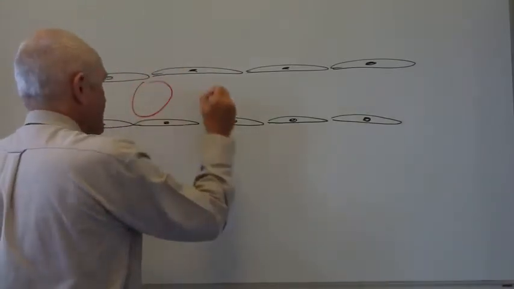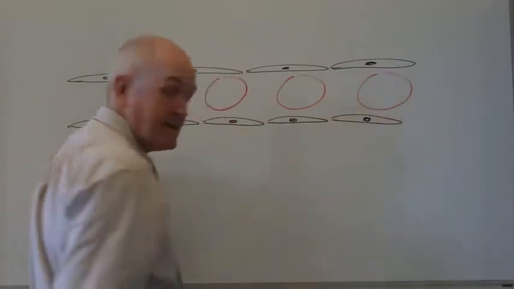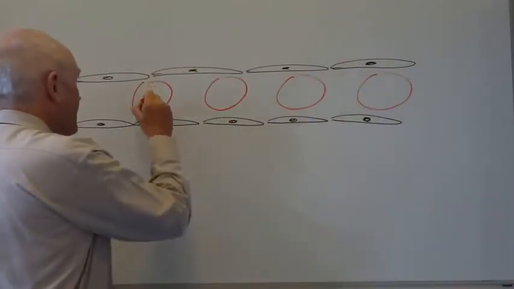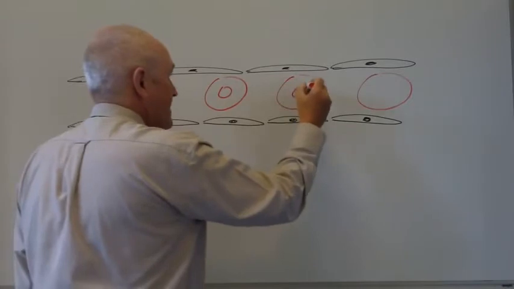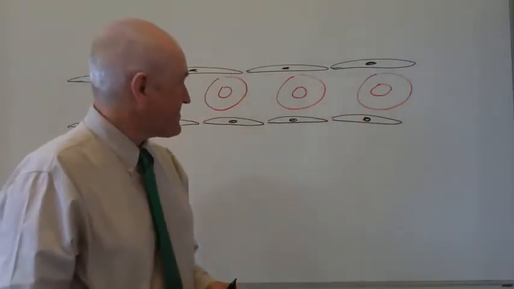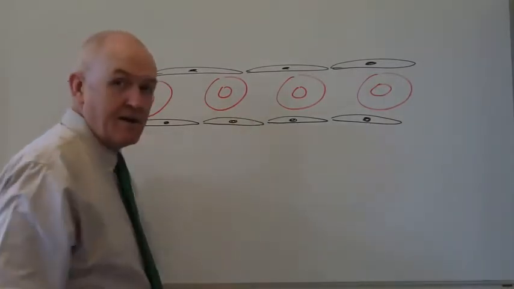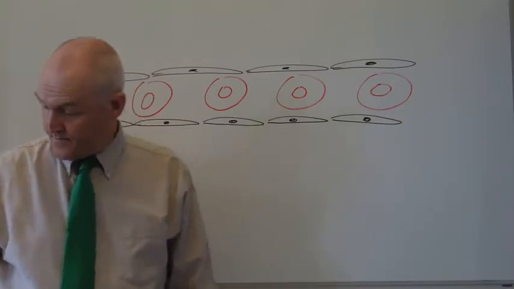So here we see some red cells going through the capillary. And as you know, the red cells are biconcaved discs, darker on the outside, lighter on the inside. And we notice the small gaps between the individual endothelial cells.